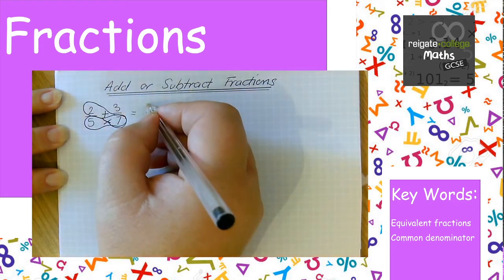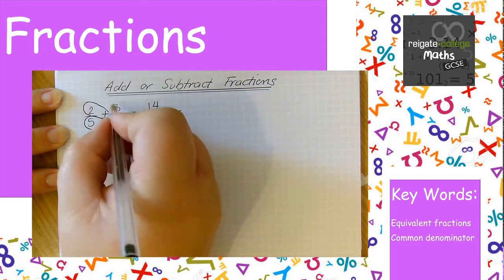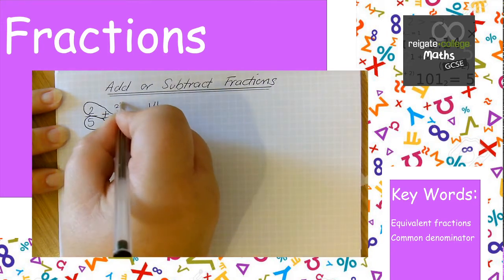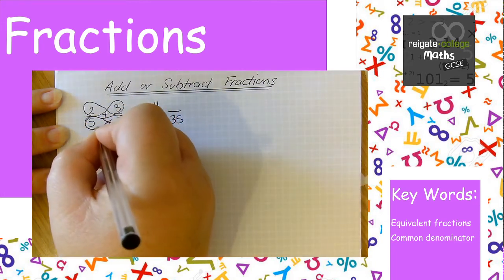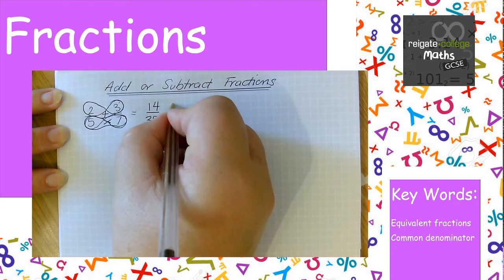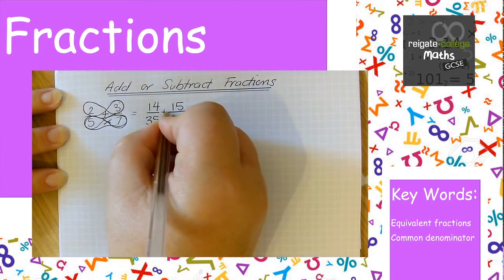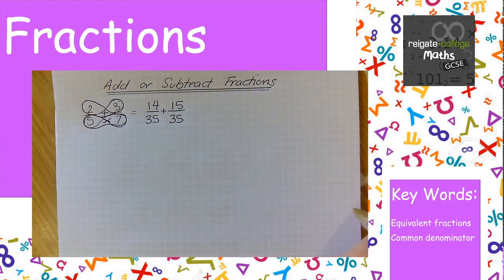So 2 times 7 is 14. The numerator to the second one is achieved when I go the other way, bottom left to top right. 3 times 5 is 15. They're my equivalent fractions, but with my new common denominator.